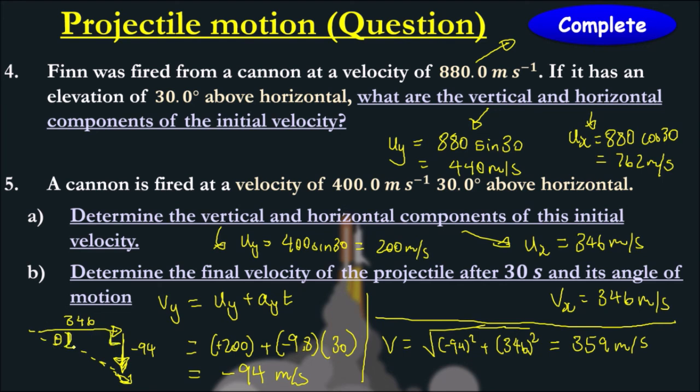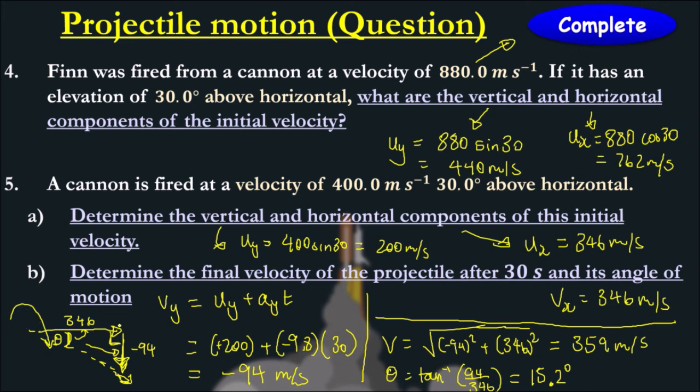If you look at that angle there, we have our adjacent side, we have our opposite side, we're using tan theta. So theta equals tan inverse of 94 over 346 equals 15.2 degrees.